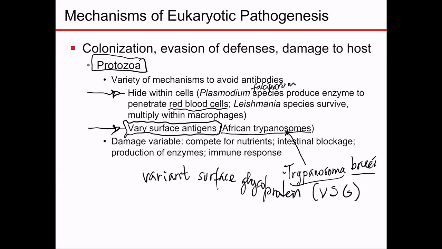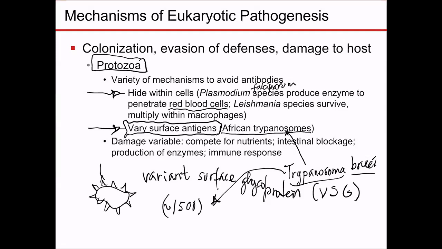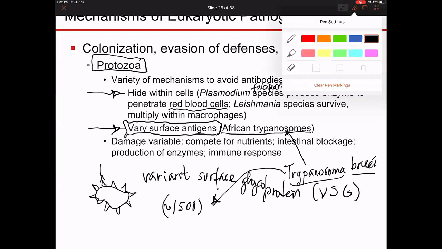In the genome of this parasite, of this protozoa, you find approximately 1,500 different versions of that antigen. What that means is that when the parasite enters the body, it may have this version showing up. Antibodies against that version of the parasite are produced.